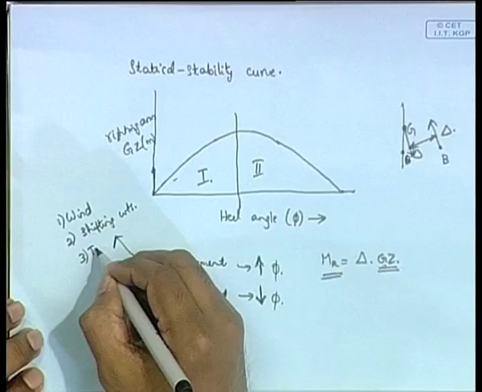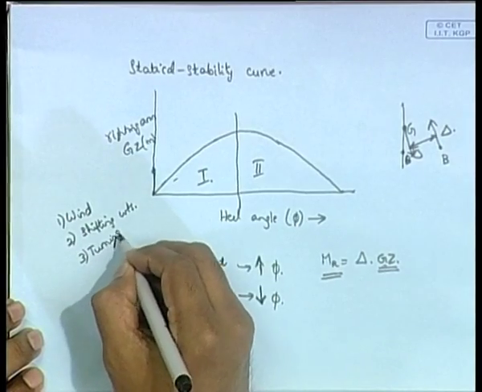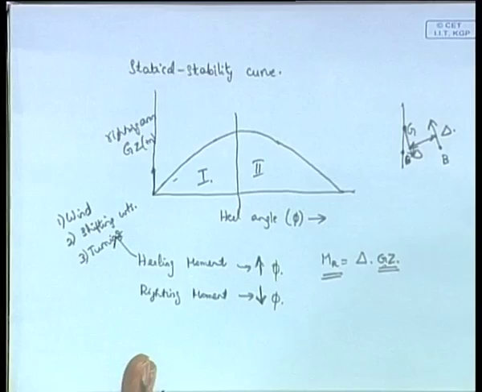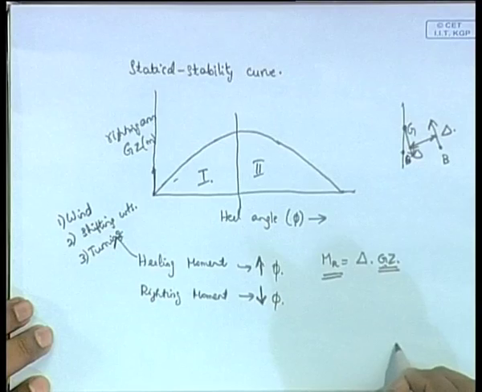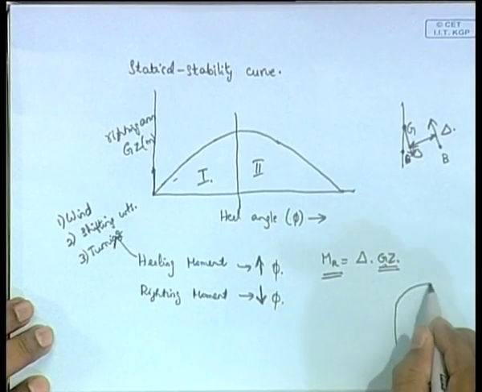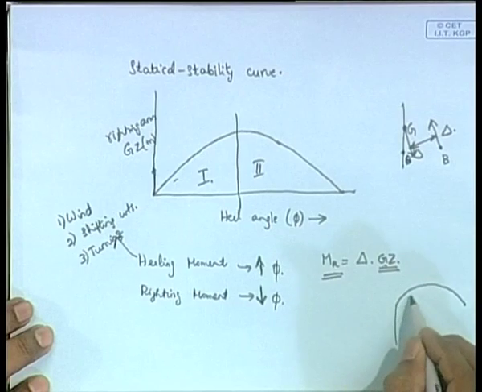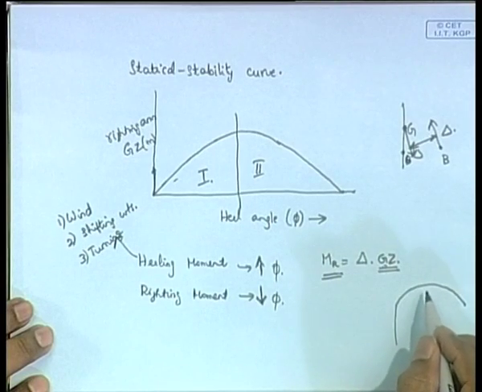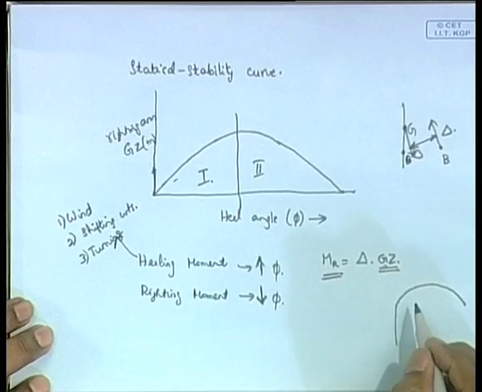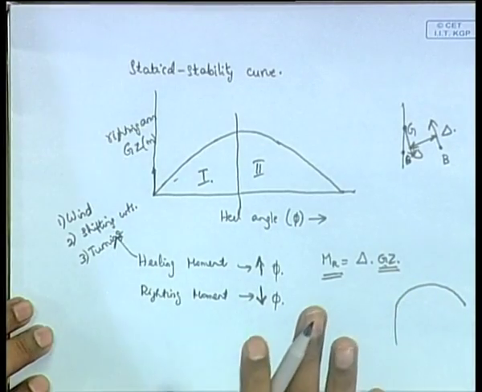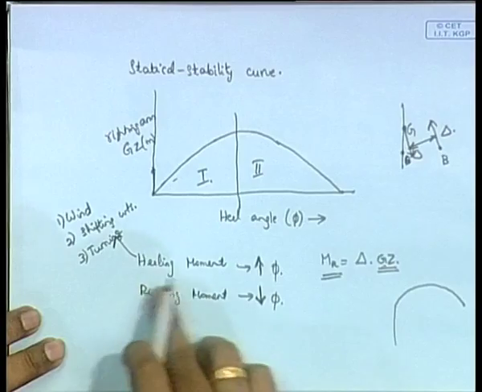Then turning: when a ship is going in a straight line and then it has to turn like this, some new forces act, centrifugal forces, and these centrifugal forces will cause the ship to heel, to tilt. So these are the three forces that cause the heeling moment.